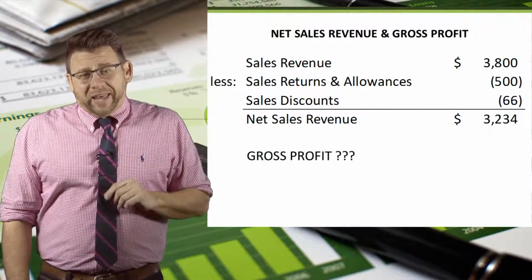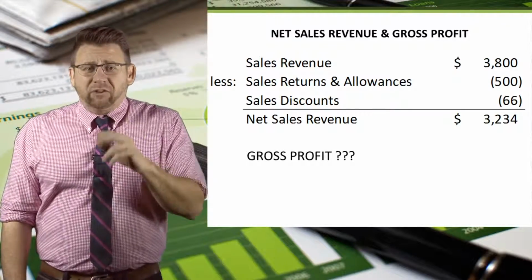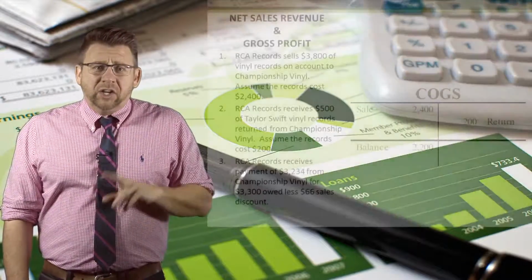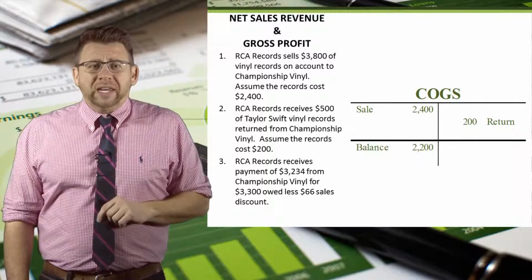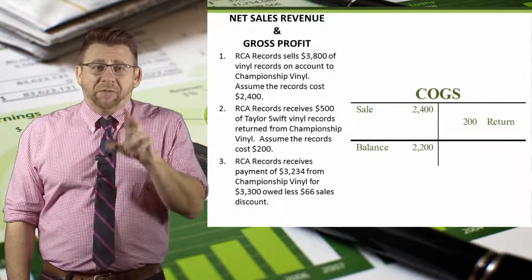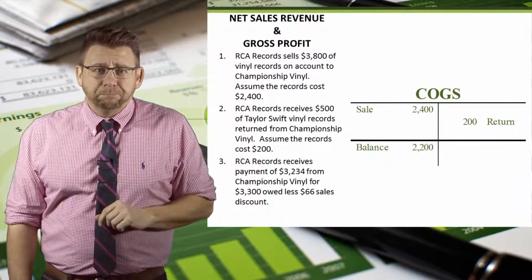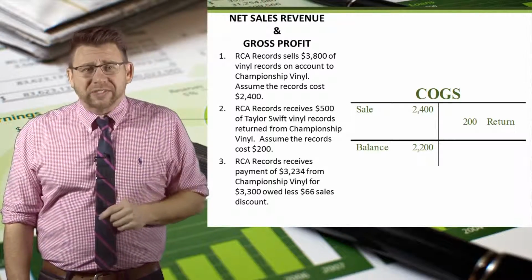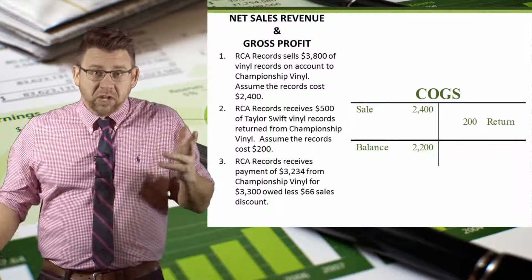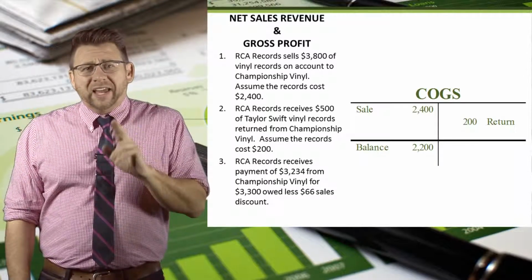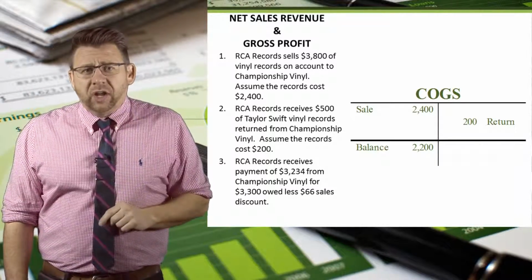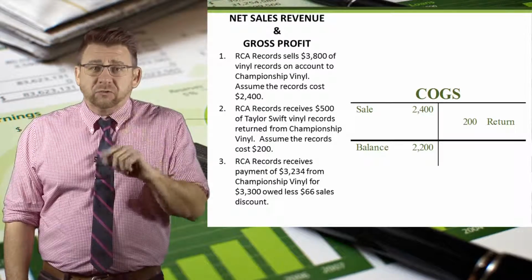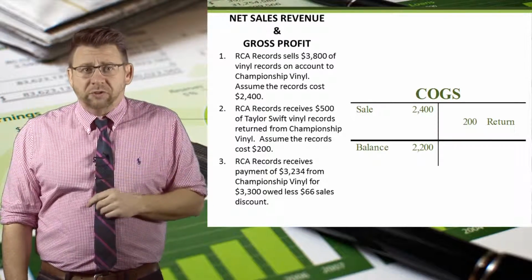Now that we know how to calculate net sales revenue, let's calculate gross profit. In order to calculate gross profit, we need to first figure out the amount of cost of goods sold. When RCA Records made the initial sale, cost of goods sold was debited for $2,400, the cost of the records. When the Taylor Swift records were returned, cost of goods sold was reduced by the cost of that inventory of $200.